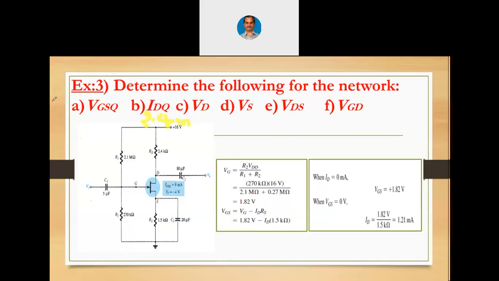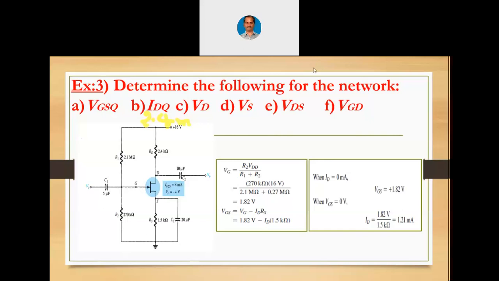I have written the IDQ value here, 2.4 milliampere. VS is 3.6 volts. It is voltage, so it should be 3.6 volts. Sir, VD is 10.24 volts.